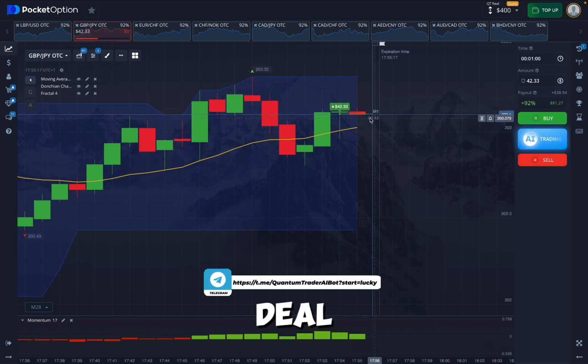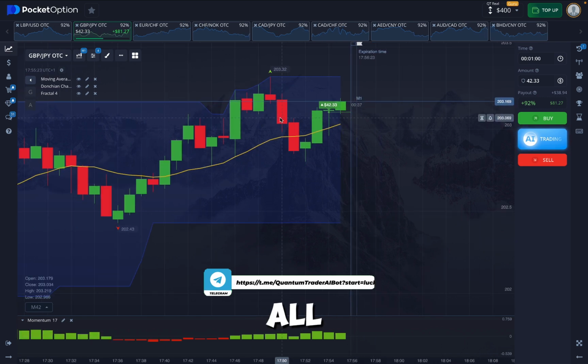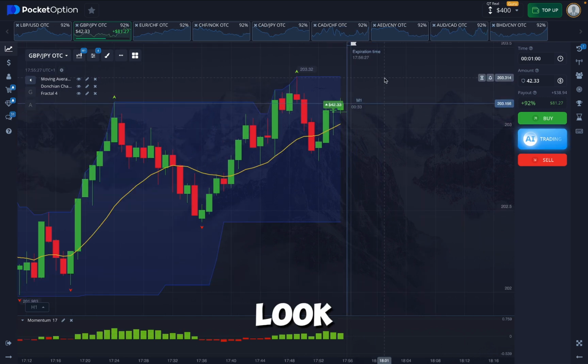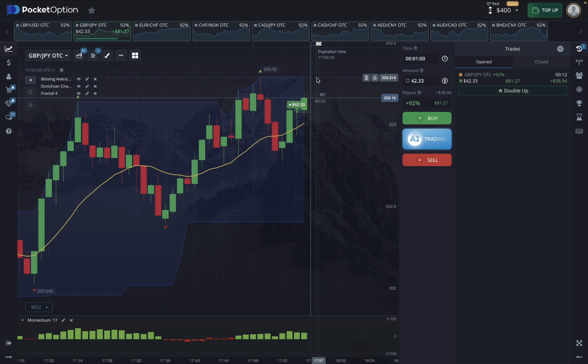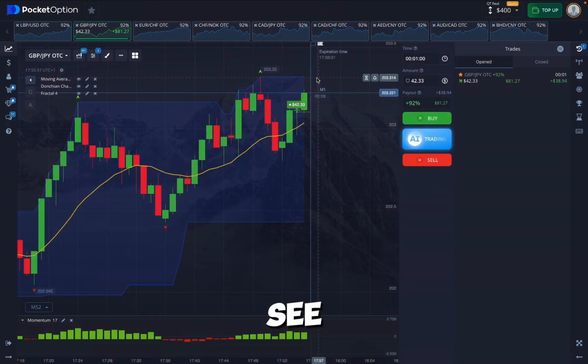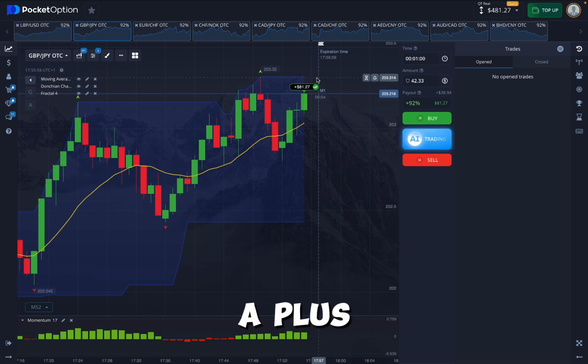I opened the deal at such a not very good level, but I hope that the exit will happen. Let's look at the result. In general, our entry point is logically no different from the previous one. And as you can see, even this position is closing very confidently, in my opinion, in a plus.